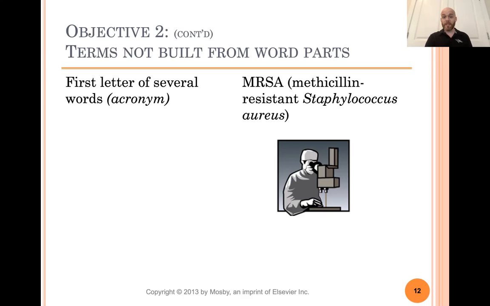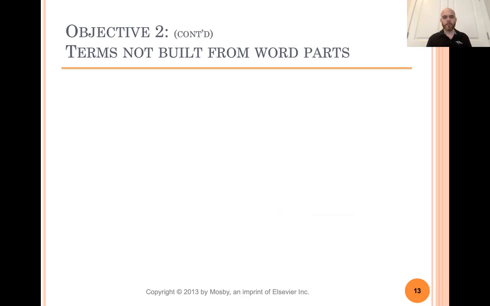It stands for methicillin-resistant Staphylococcus aureus. It's an antibiotic-resistant bacterial infection. You don't want to waste 15 seconds saying methicillin-resistant Staphylococcus aureus all day. So now we just say MRSA. Everybody knows what it means. It's quicker and easier to say. We get on with our day.